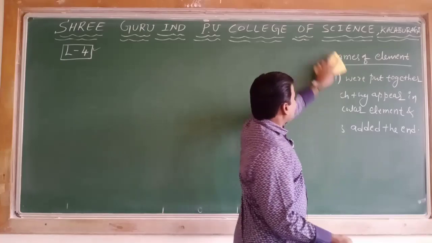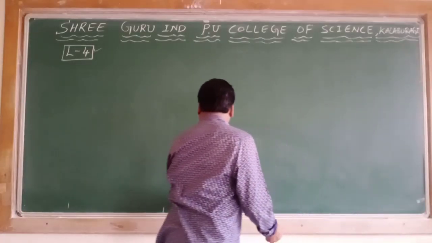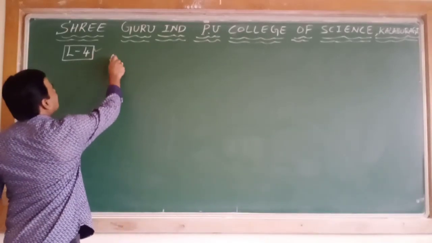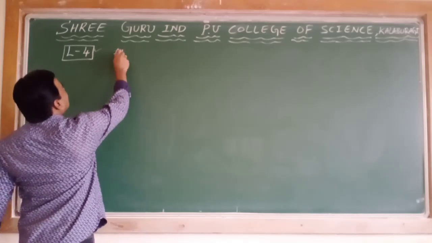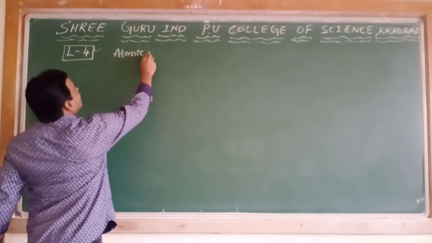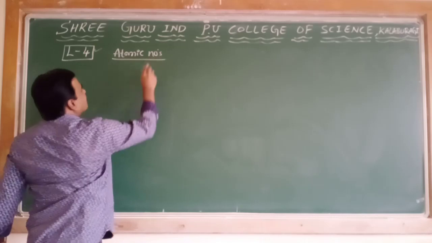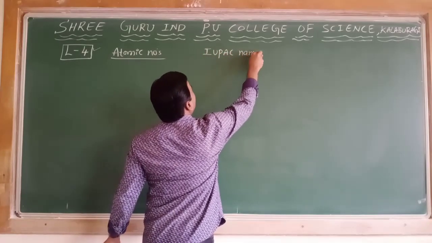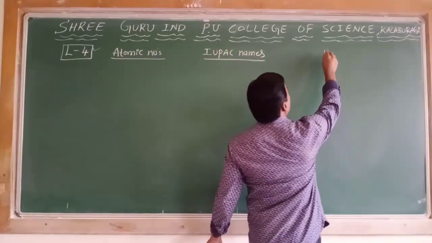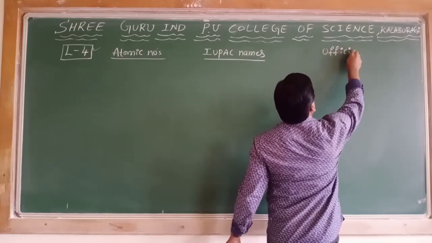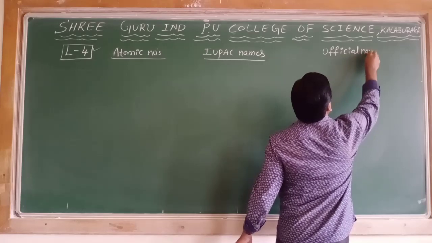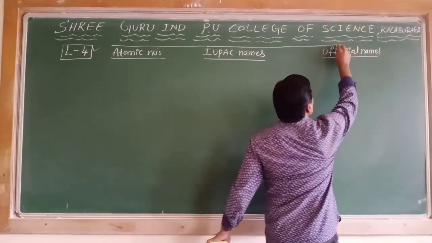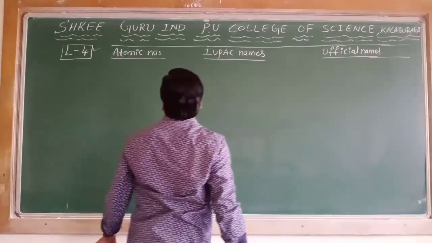Let's collect them in a table separately: atomic number first, then IUPAC names, then official names given by the IUPAC system.